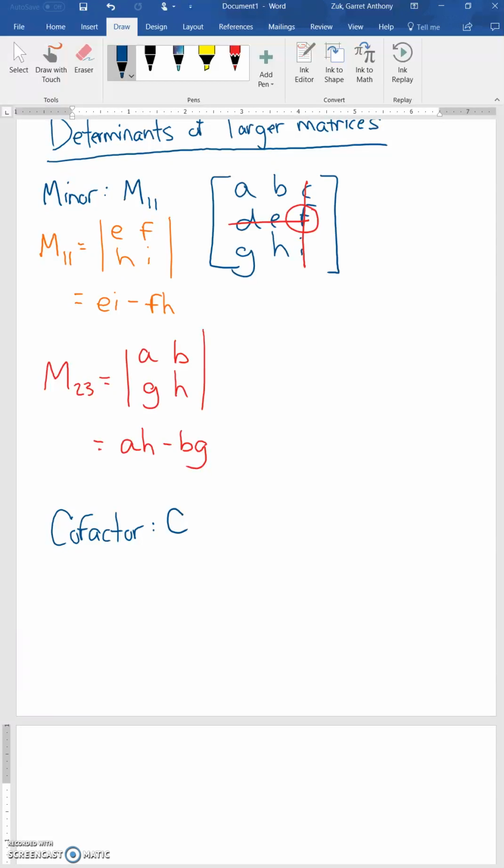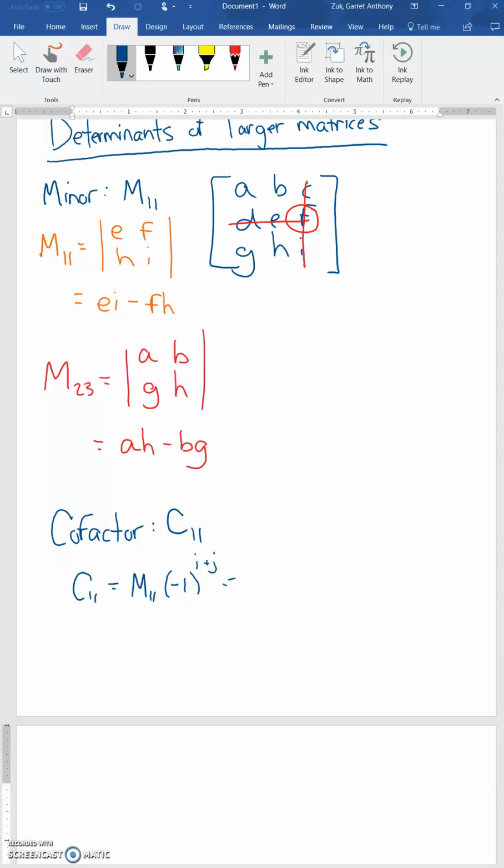So let's look at the cofactor at 1, 1. What this means is cofactor 1, 1 is the minor at the entry in the first row in the first column, and then we're going to multiply it by this number here, where I and J are the row and column we're looking at.